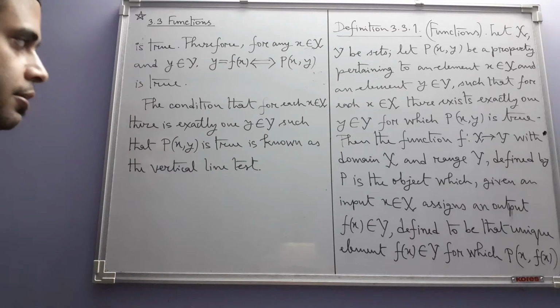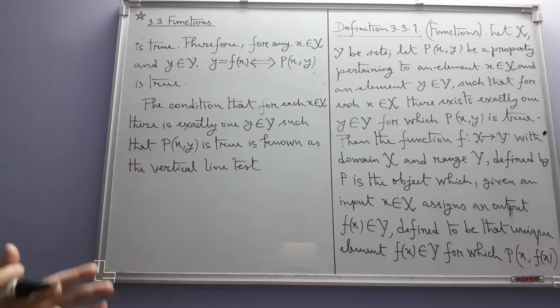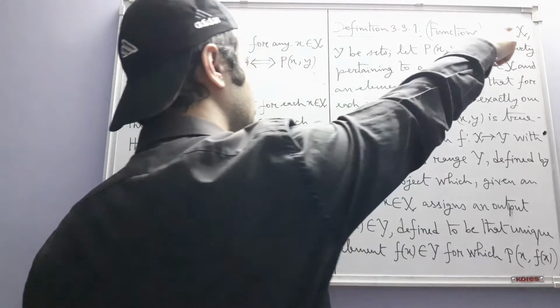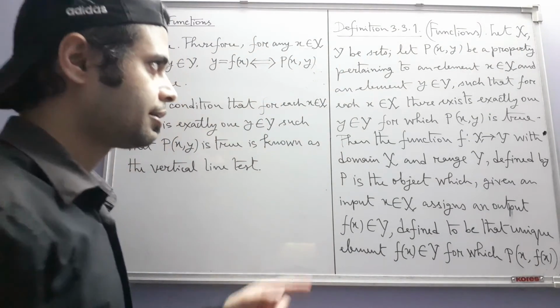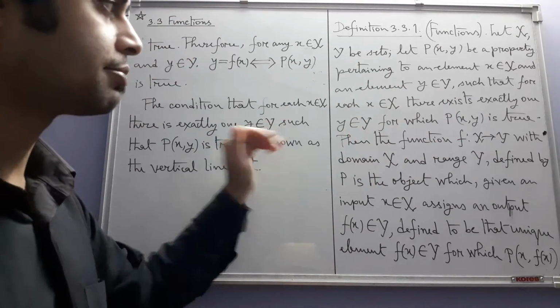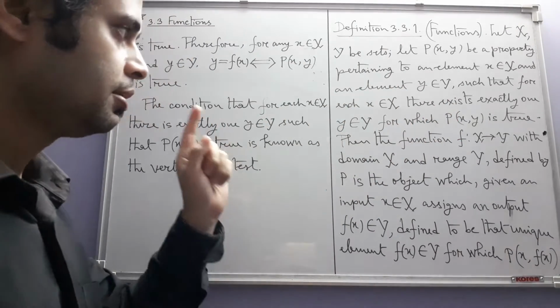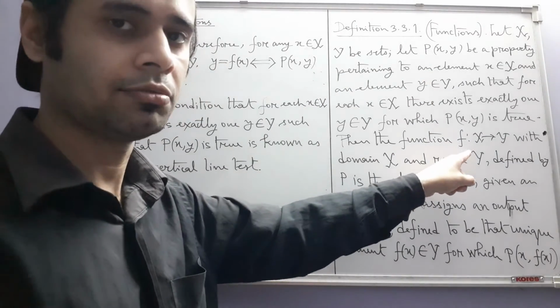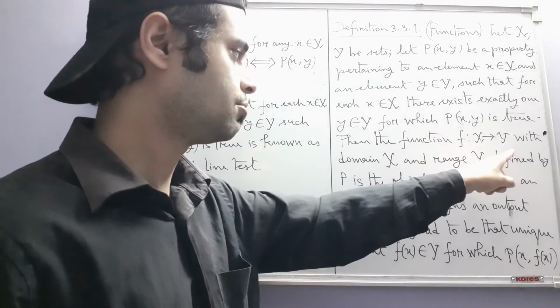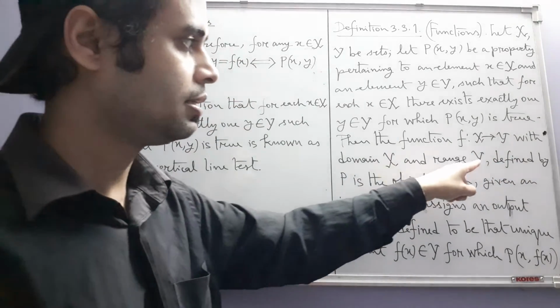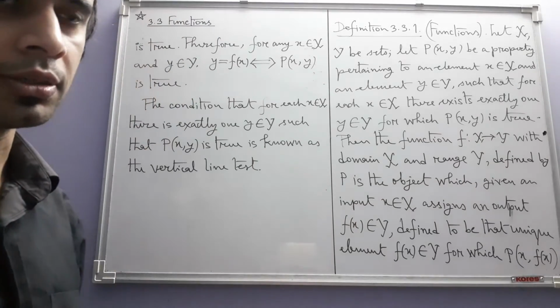I will explain what this means, but let us first of all look at the definition once more. There are two sets given to us, X and Y, and there is a property P which satisfies the condition which we have already seen. Then this property P defines a function f from X to Y, where X is called the domain of the function and Y is called the range of the function.